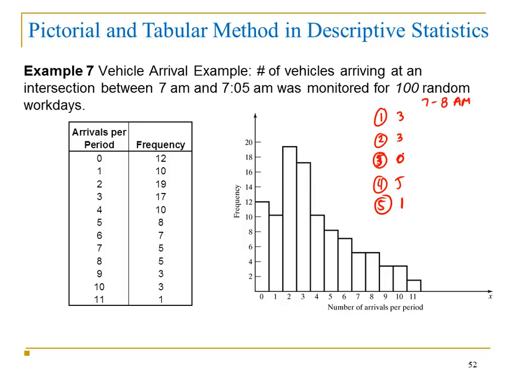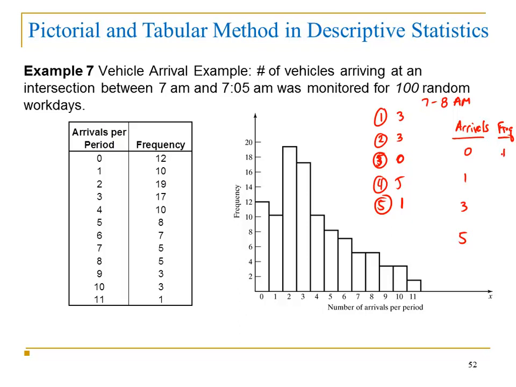Okay, so your columns in this case are arrivals and frequency. Here you're going to have 0, 1, 3, and 5. So how often do you observe 0? 1.